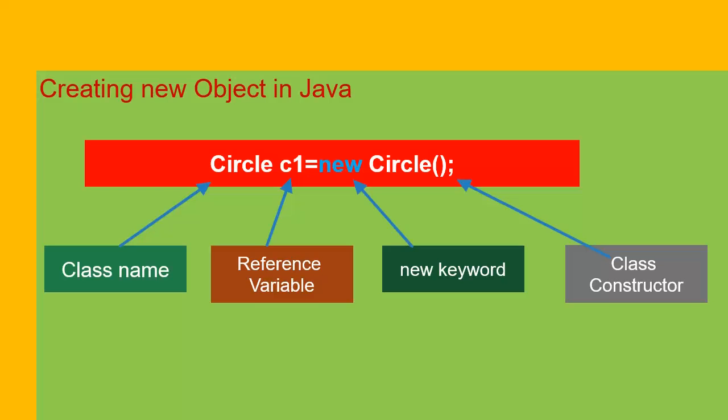Class name is Circle, reference variable is c1, and new is the keyword which is actually responsible for doing two things for us basically. First, it creates a reference variable in memory stack, and second, it allocates memory for our object in memory heap. New is followed by the class constructor.